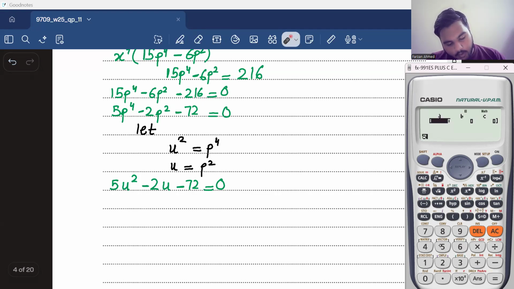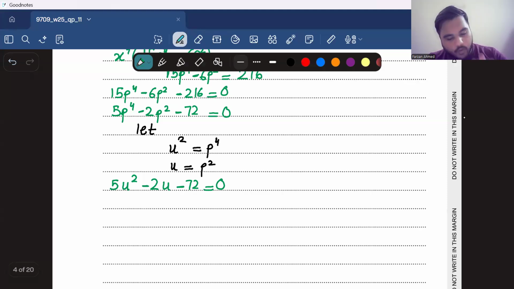So we enter 5, minus 2, and minus 72. The first x value is 4, and the second x value is minus 18 over 5. So we got two values. The first value is 4 and the second value is minus 18 over 5.